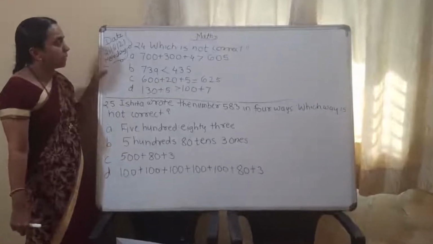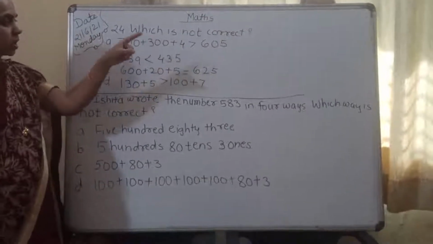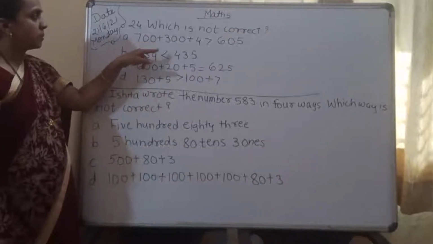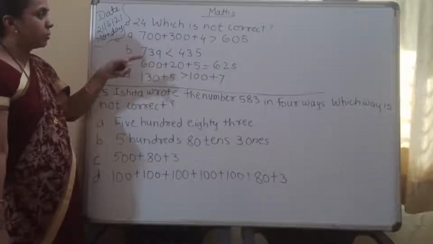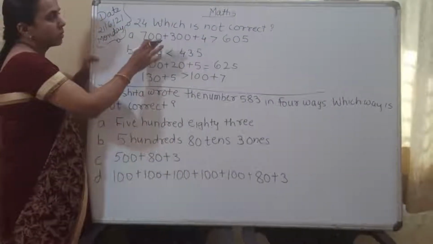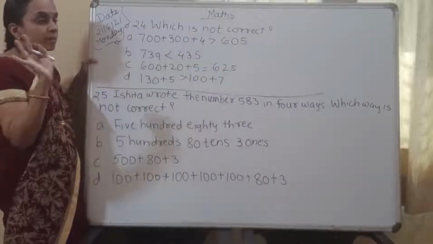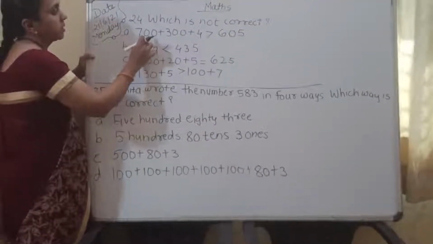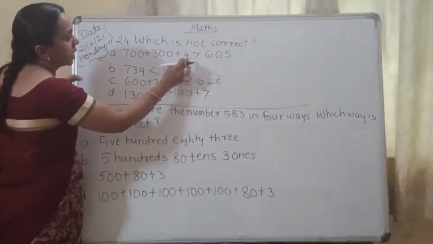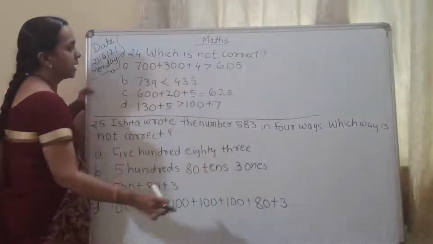Now see 24th question, which is not correct. In these 4 options, we have to find which option is not correct, and we have to tick mark it. Not correct means that it is wrong. So first we will see A: 700 plus 300 plus 4 is greater than 605.